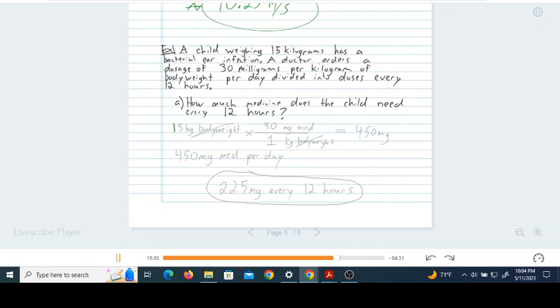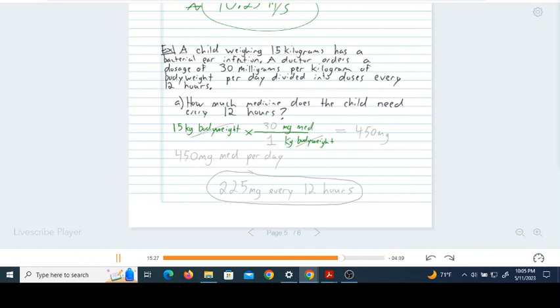Well, we're using body weight to determine daily dosage, so we want to convert. We have 15 kilograms of body weight. And we can use a conversion factor. If we want to cancel out kilograms of body weight, we'll put that on the bottom. And we want to convert that to milligrams of medicine.